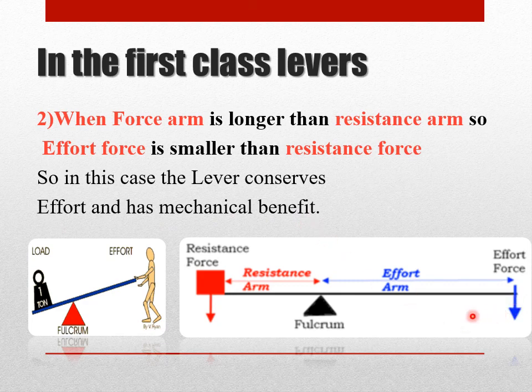You can observe that the effort arm is longer than the resistance arm, so the effort force is smaller than the resistance force. Why? Because the effort I exert is smaller than the resistance, so it saves my effort.